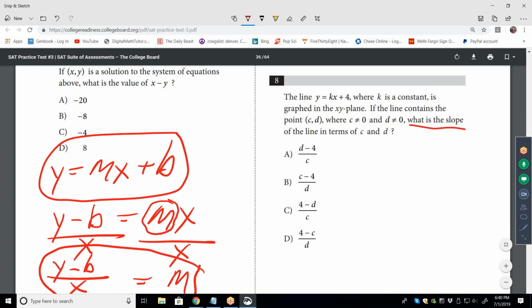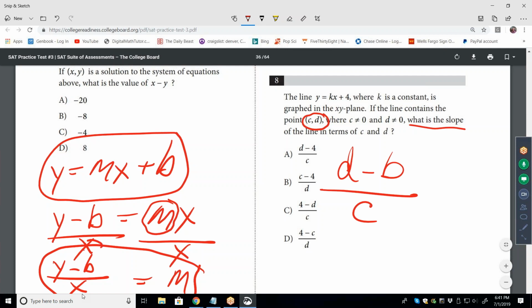And what they tell you is that c and d are a point in that equation. So I can substitute c for x and d for y. Because I know that they're telling me that it contains the point c comma d. Well, c is the x coordinate, d is the y coordinate, right? So in that case, the slope is not y minus b over x, it's d minus b over x, which is c.